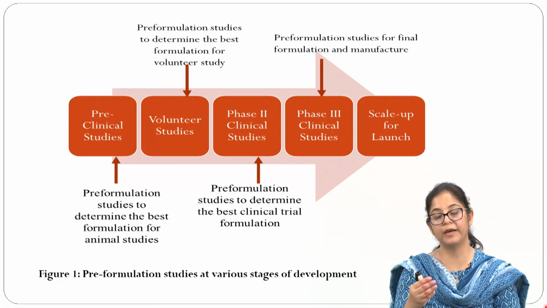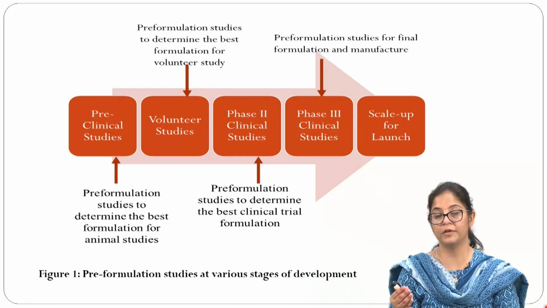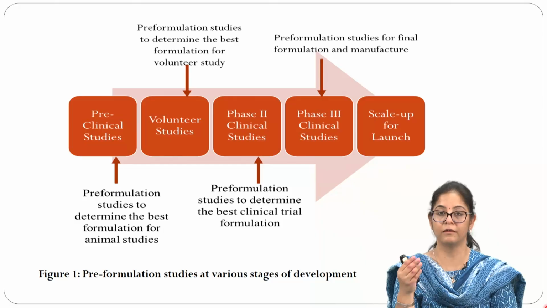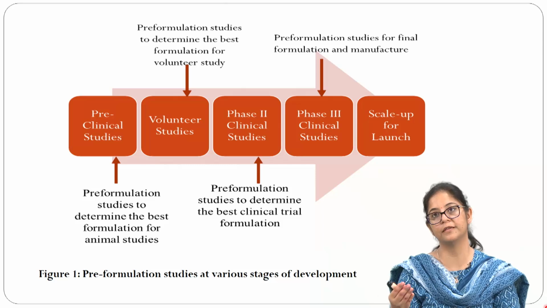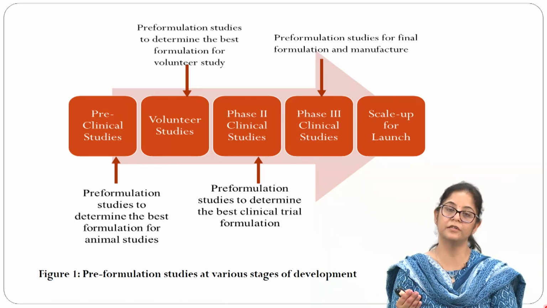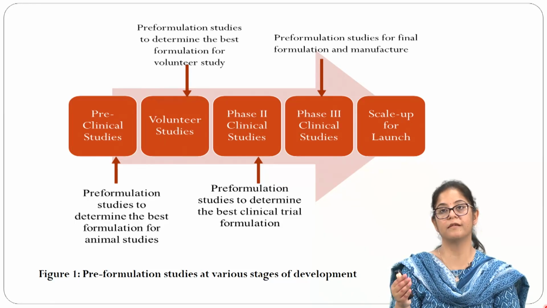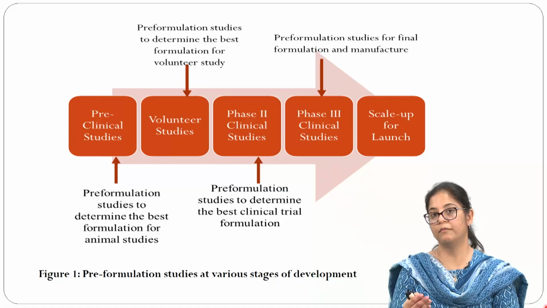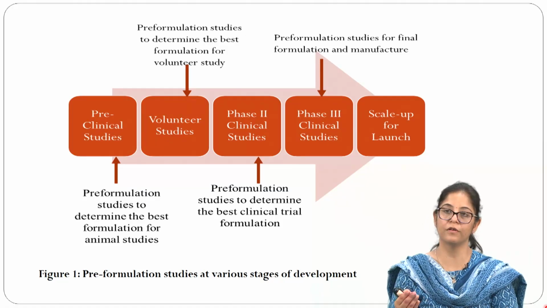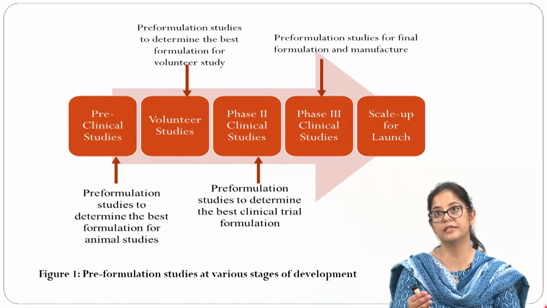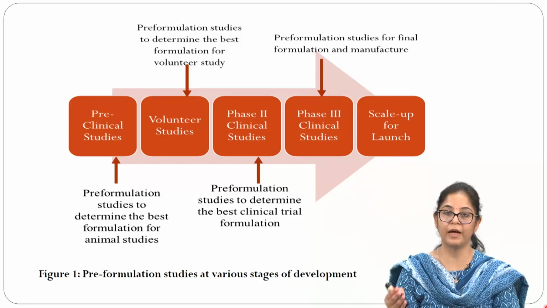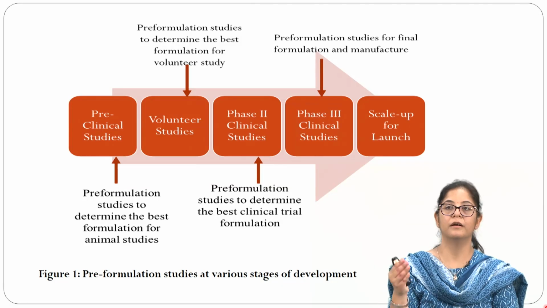We might be studying 2 or 3 formulations or doses of formulation. Maybe one is parenteral, or one is a tablet, or tablets of 2 strengths are being studied. So the best formulation is taken up and sent to the next phase, based again on positive bioavailability data, no side effects, no toxicity, the immediate toxicity. We are not looking into long term toxicity. Then large scale manufacturing is done, and then it is launched.